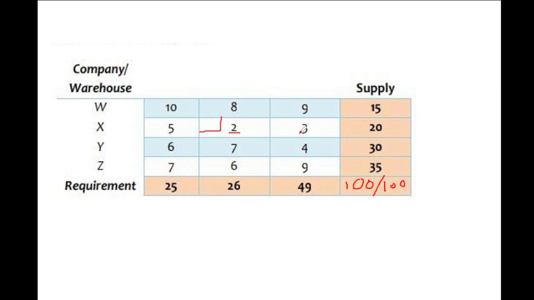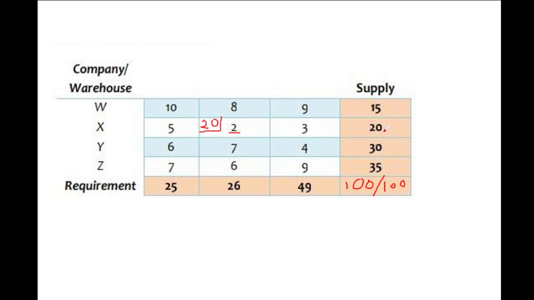So now let's decide. The demand for this is 26 and the supply is 20. So which is the least value? Now you select that least value, and we are going to follow the same process which we have followed before. The least value is 20.